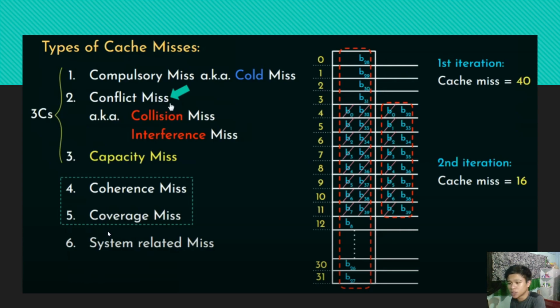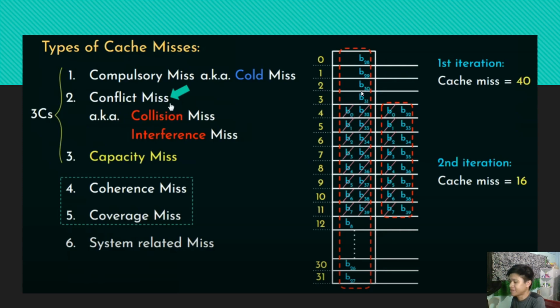We actually have a total of 6 kinds of misses, but in here I will just talk about number 1 and number 2, or actually just number 2. I just want you guys to know that the compulsory miss, conflict miss, and capacity miss are the ones so-called the 3 Cs of misses. The remaining misses are not going to be discussed anymore, since this will only make the video or the presentation longer.